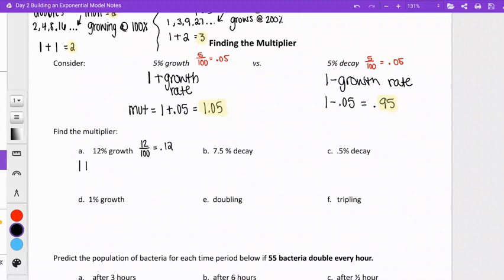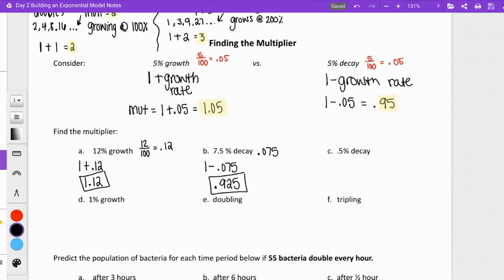We're going to add 1 to it, and we're going to say that our multiplier is 1.12. If there's a 7.5% decay, that decimal is 0.075, and 1 minus, right, because it's saying it's a decay, 1 minus 0.075 is a rate of 0.925.